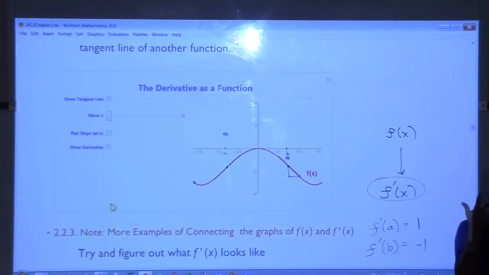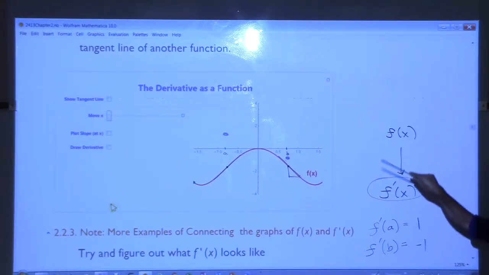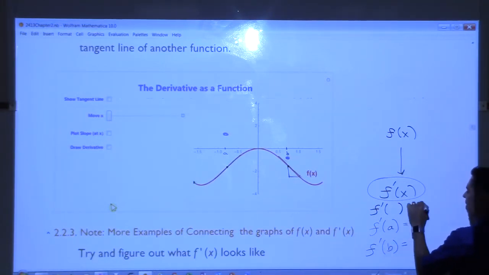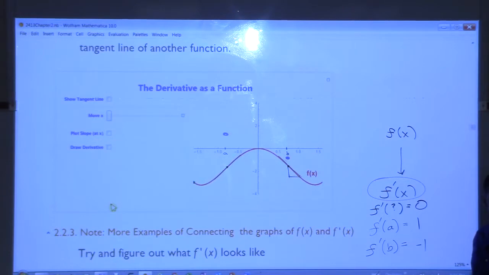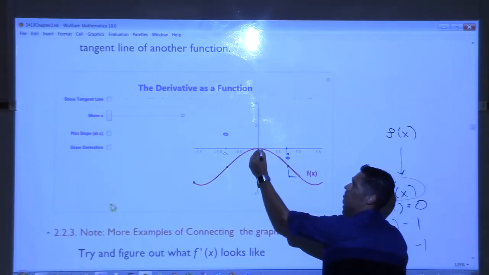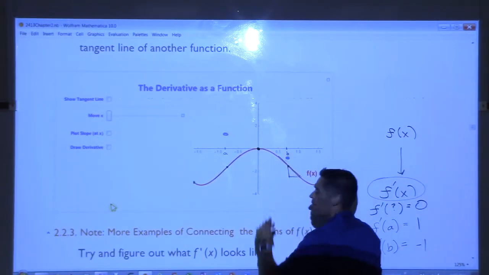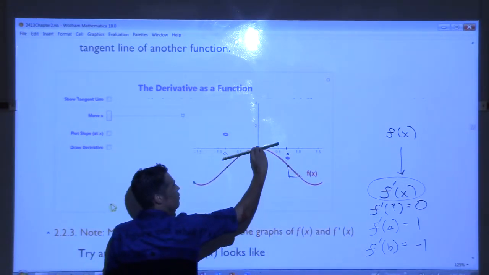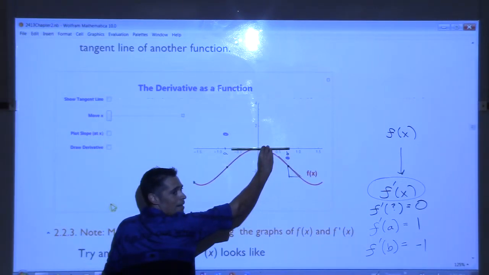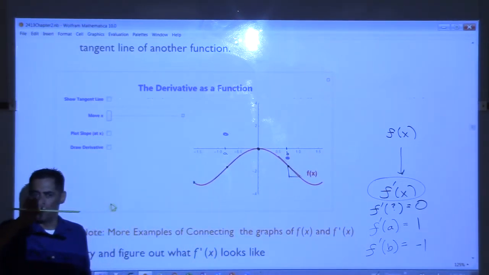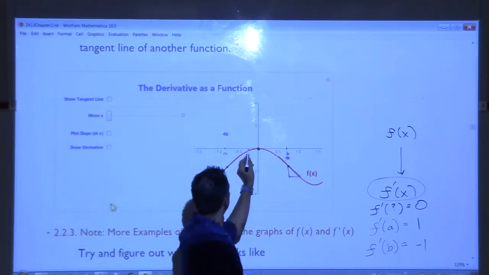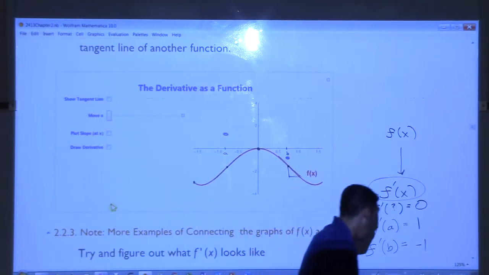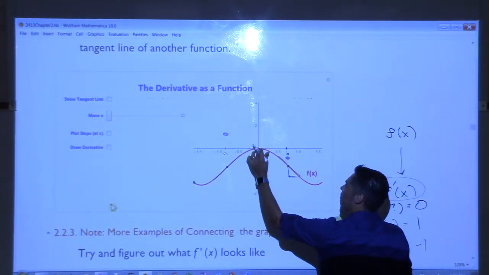I'm actually asking you, where is the slope of the tangent line 0? So at x is 0, does everyone agree that if I go to x is 0 right here, that black dot, the slope of the tangent line would be flat, and flat lines have slopes of 0, right? So that means that if I graph this purple function, I need to put a dot at 0.